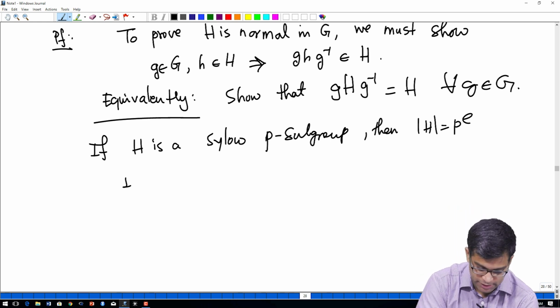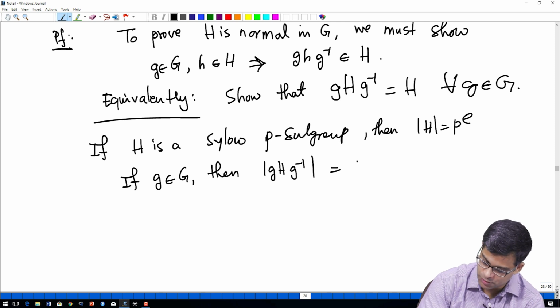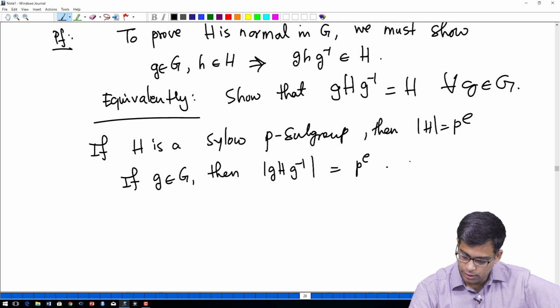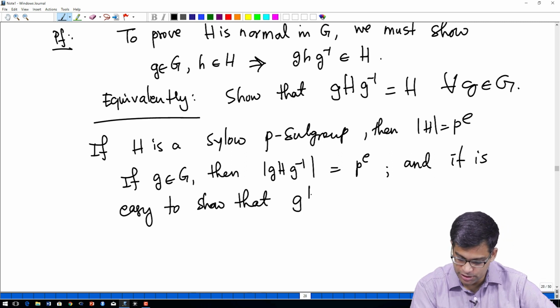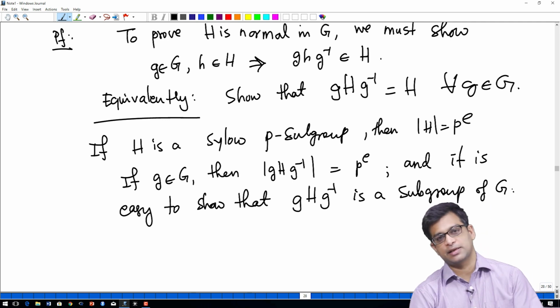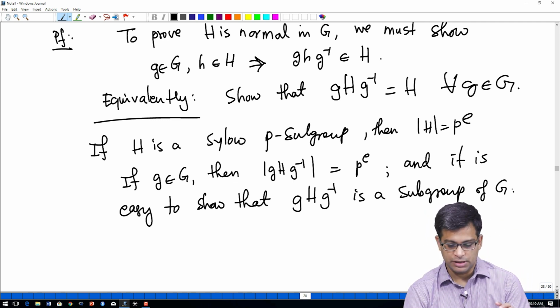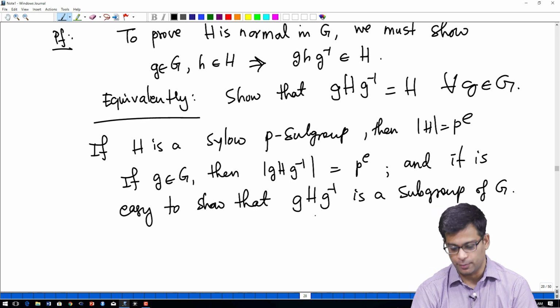So, now if g is in G, then as I have said before, the order of g H g inverse is p to the e, and it is easy to show that g H g inverse is a subgroup of G. See, if H is a subgroup, g H g inverse is a subgroup. See, the cosets are not subgroups, but conjugates g H g inverse are always subgroups, because identity is there, remember.